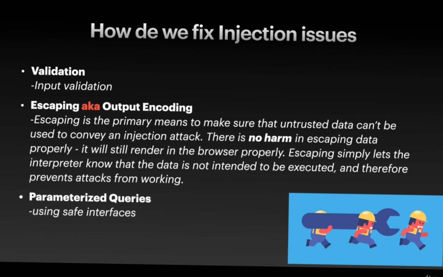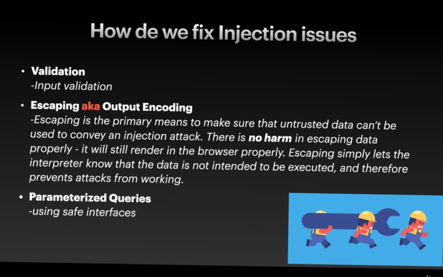Cool. So now we will see how we fix these types of injection issues. First, input validation is very important. Second is escaping, which is also called output encoding. Escaping is the primary means to make sure that any untrusted data an attacker is sending to an interpreter does not convey an injection attack.